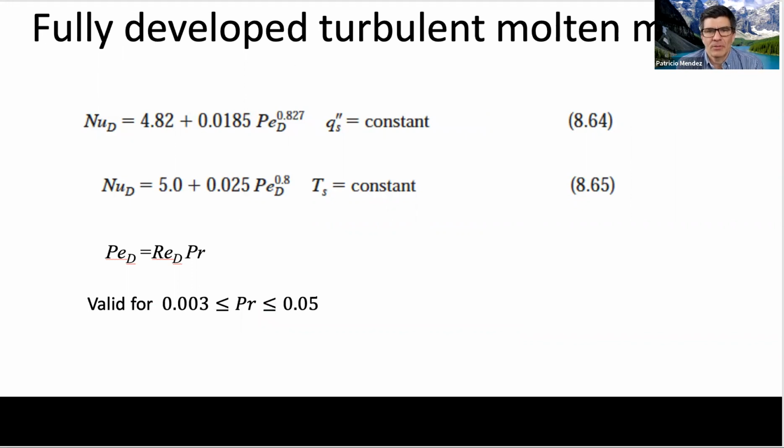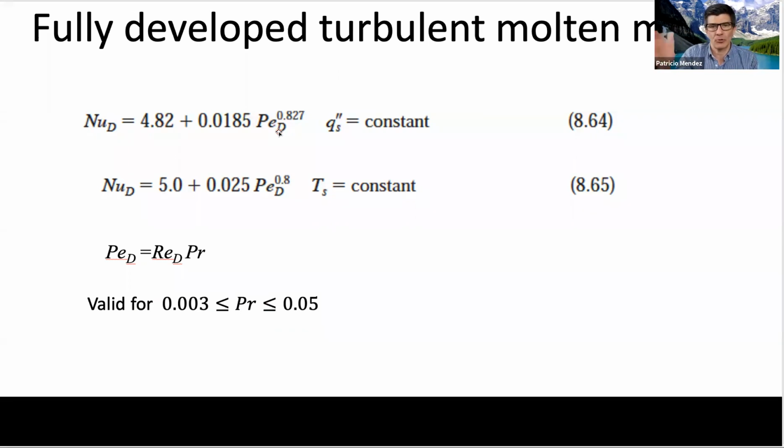How about turbulent molten metals? Well, for turbulent molten metals, what we have are equations that are somewhat similar, with a small twist. Here we have Nusselt is a formula that depends on the Peclet number. Now, we already discussed what the Peclet number is.